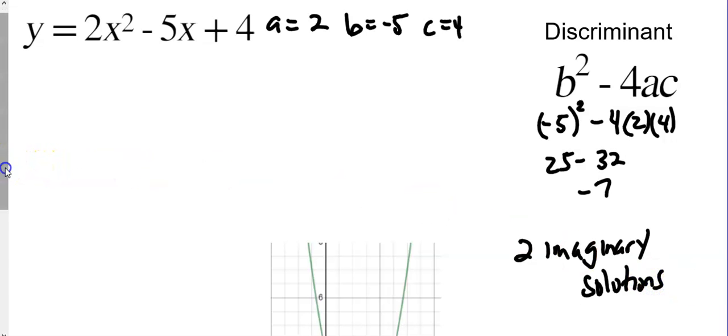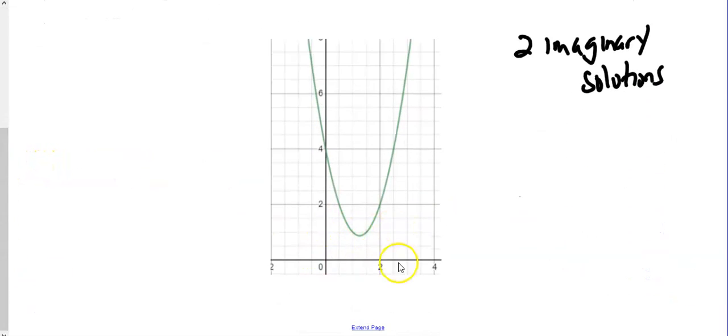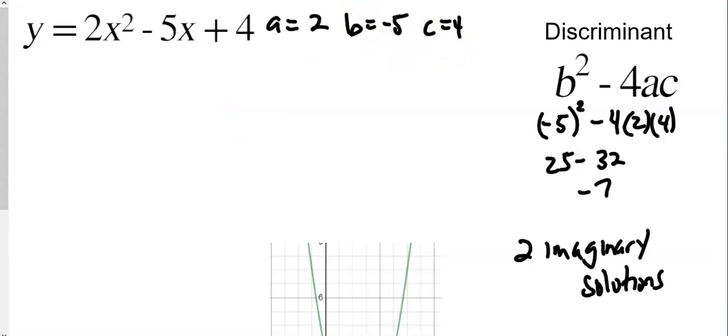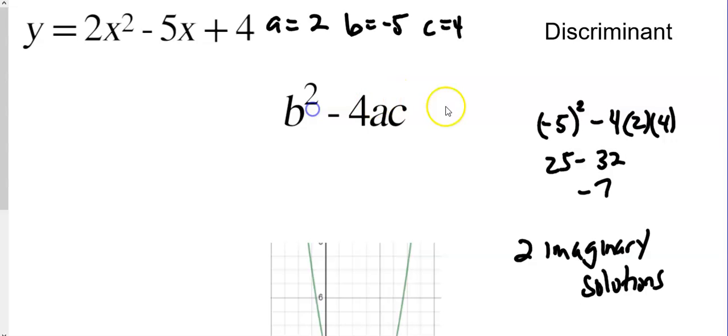So anytime your graph does not touch the x-axis, you have two imaginary solutions, so that your discriminant is less than 0. Again, two imaginary solutions.